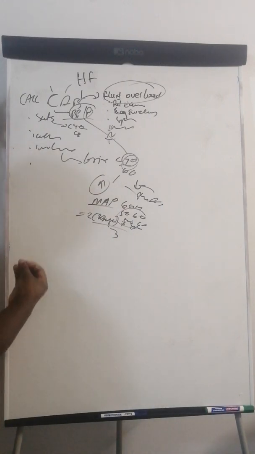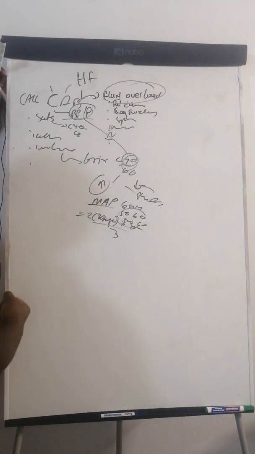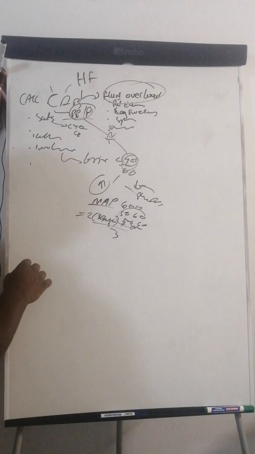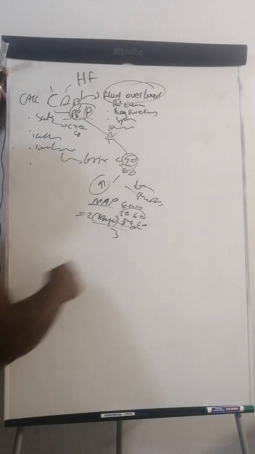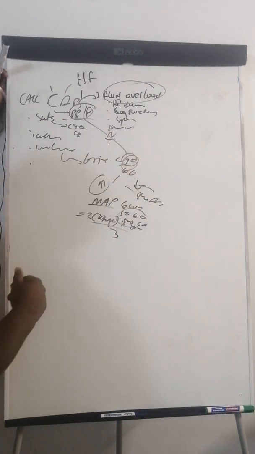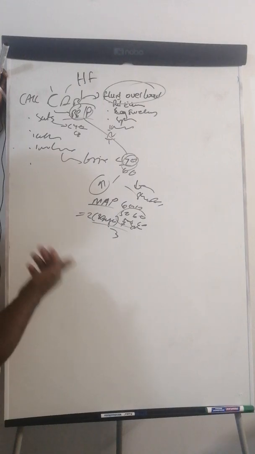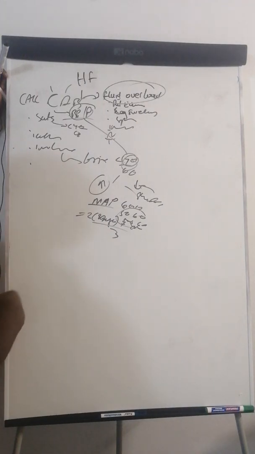So if you've got a hypotensive patient, but you are maintaining a good MAP, then you can be sure that your organs are being perfused. That's why in critical medicine, like in ICU, they are not really worried about hypotension per se, but what they are worried about is the MAP. You can have hypotension and still maintain a good MAP.